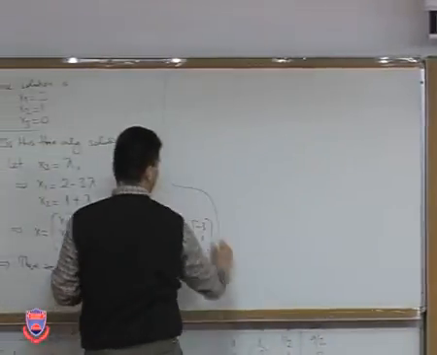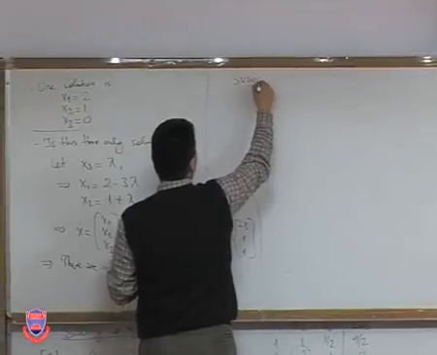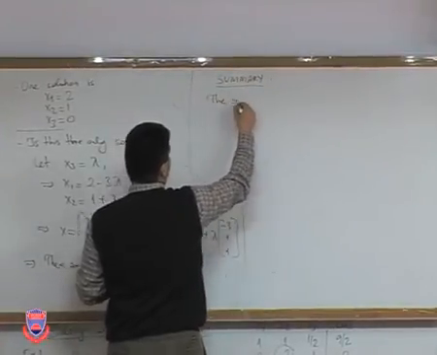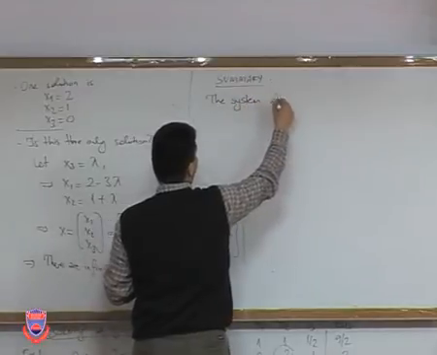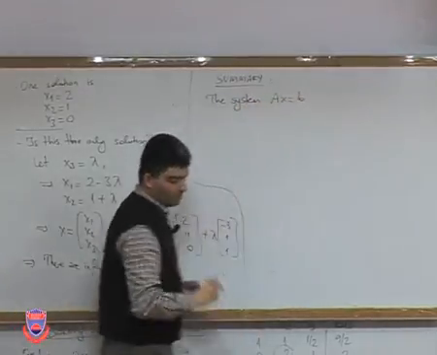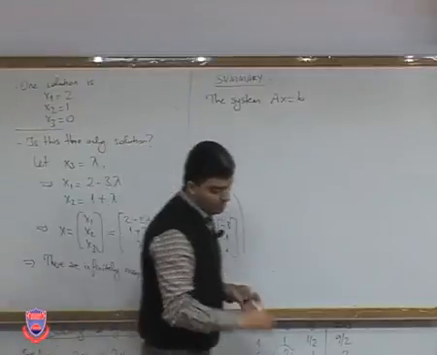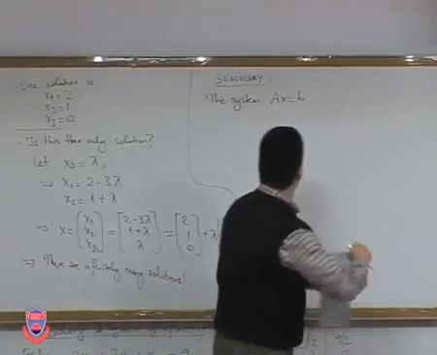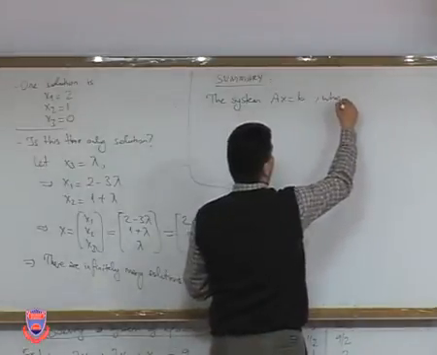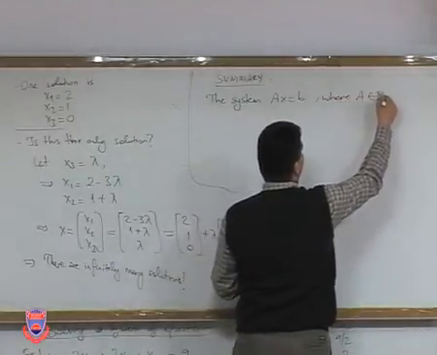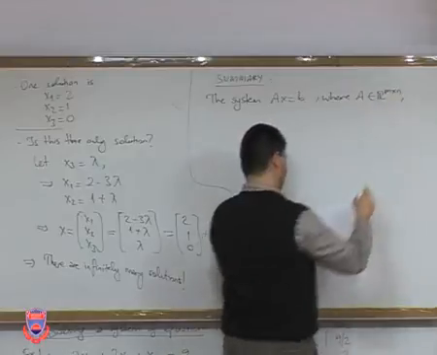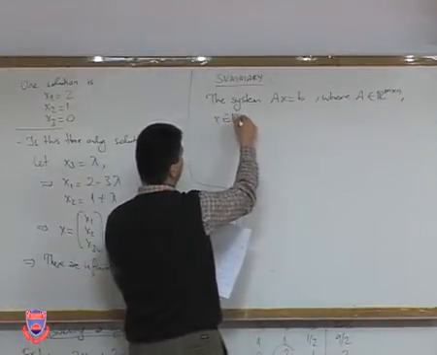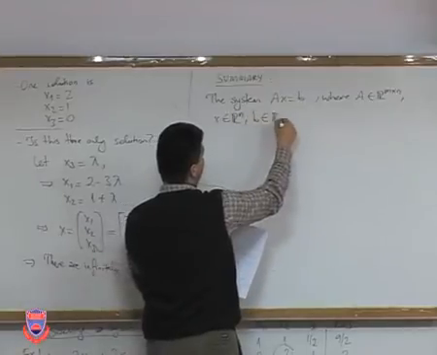So as a result, we can have the following summary. The system Ax equals B, where A is an m by n matrix, x is an n-dimensional variable, and B is the m-dimensional right-hand side vector.